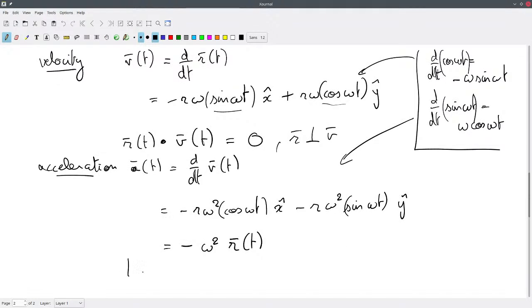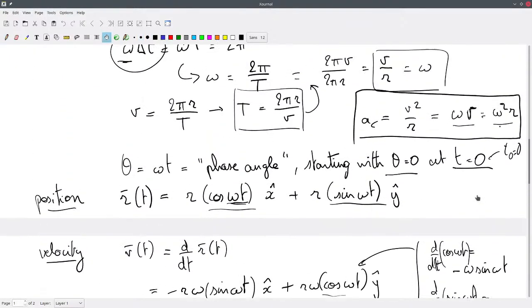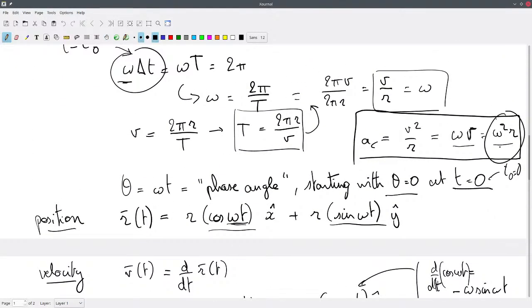And of course that also means that the magnitude of the acceleration is omega squared times the magnitude of the position vector. And that's actually something we just derived earlier. The magnitude of the acceleration vector, that's the magnitude of a_c, right? That's omega squared times r. That's the term that we derived here.